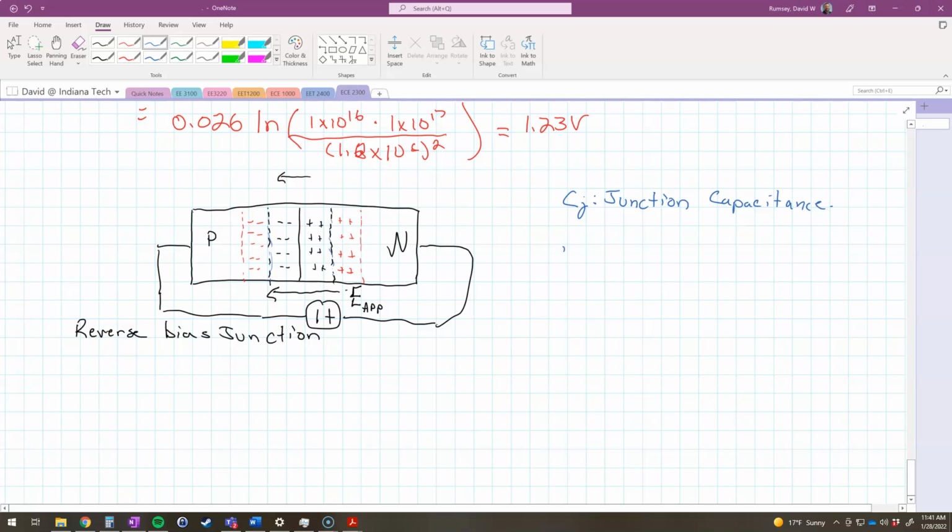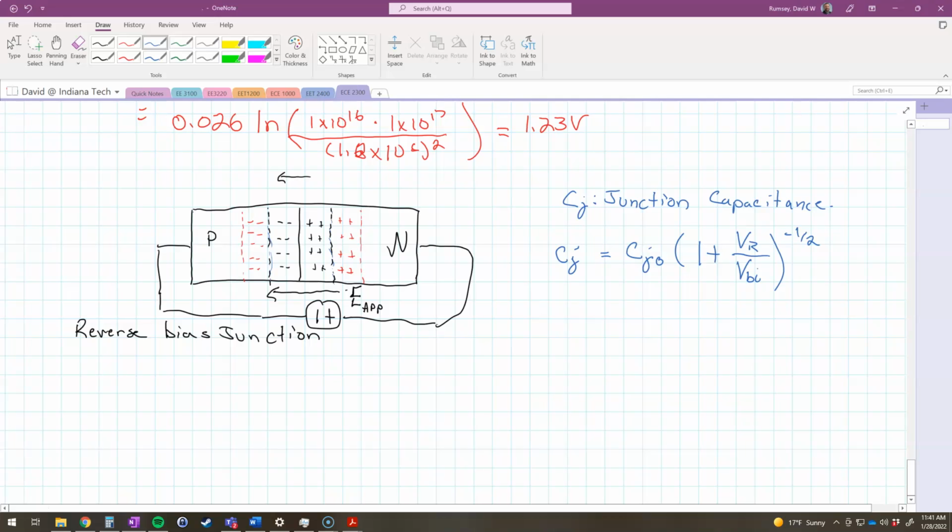Now, to compute that is actually pretty easy. There's a pretty simple formula. It's CJ0, which we'll talk about what that is in a second, times 1 plus the voltage that I've applied, so that reverse voltage, over V built in, to the -1/2 power.